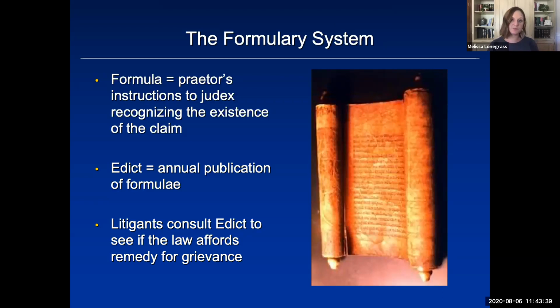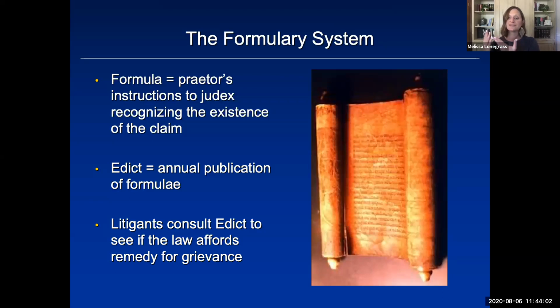A formula in the Roman law was a document that consisted of the praetor's instructions to the iudex regarding a litigant's claim. This was the legal document that recognized the existence of the plaintiff's claim under the Roman law. Remember, we said that the praetor would determine whether a cause of action existed by consulting the jus civile.